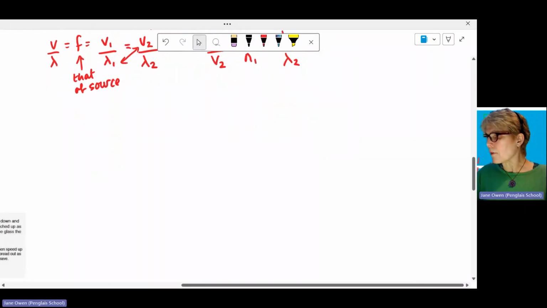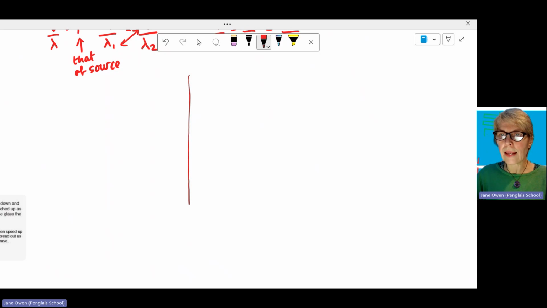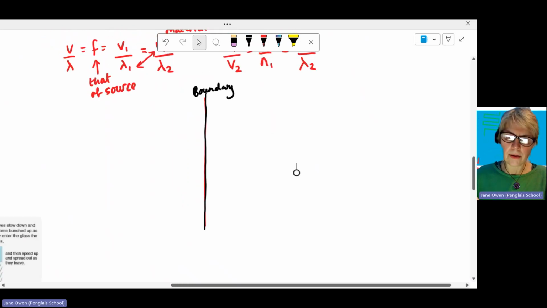But if I have a wave that is incident onto a boundary, traveling in at an angle, so if that's my boundary, I'll keep that black, and then I've got a wave that is coming into the boundary, like that.